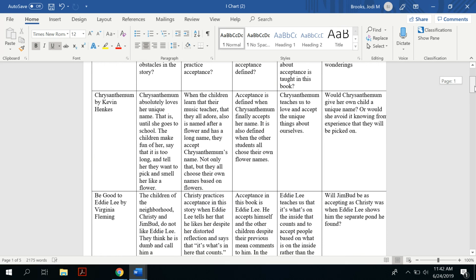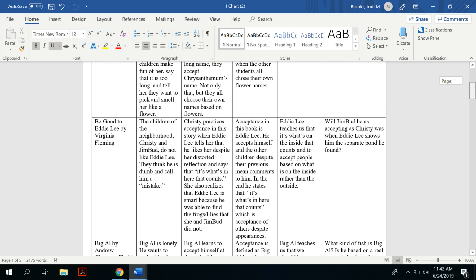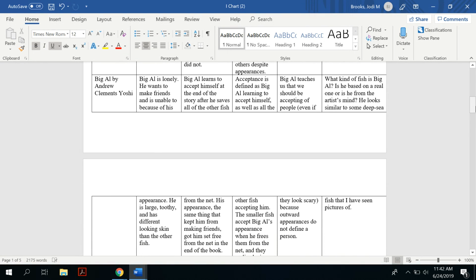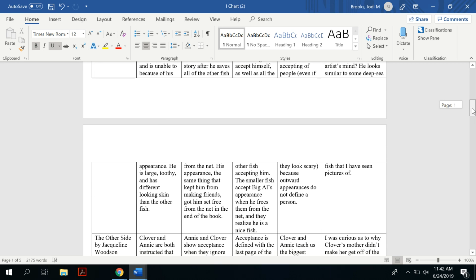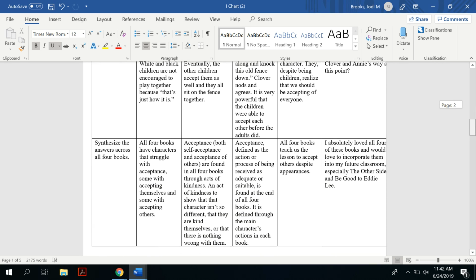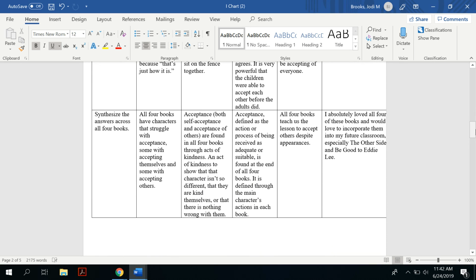So other books on acceptance follow: Be Good to Eddie Lee, Big Al, which is also a great book about a kid or a fish that looks kind of funny and people are scared of him, and The Other Side. And then at the very bottom, you'll synthesize your answers across all 4 books.